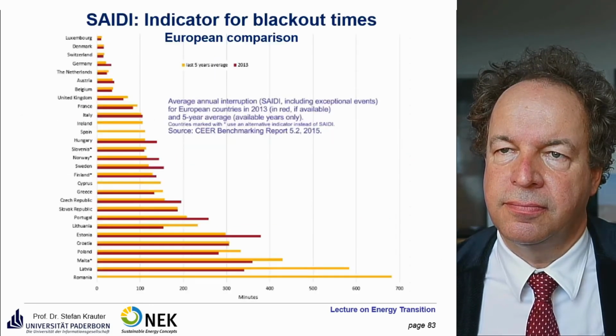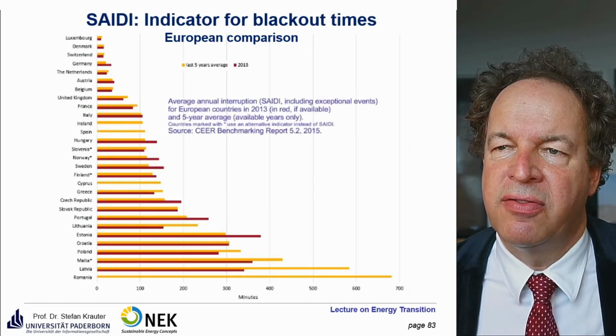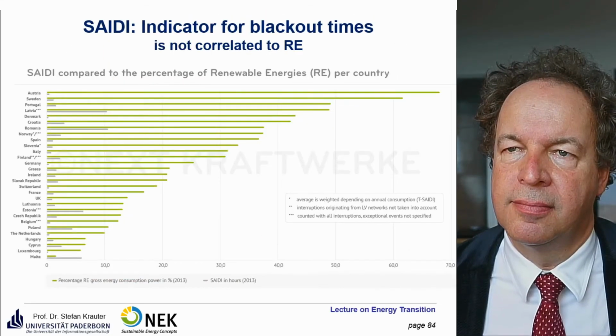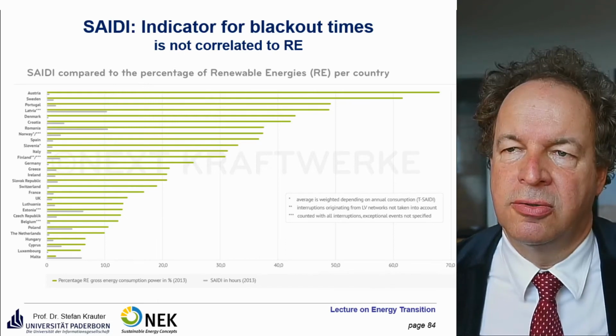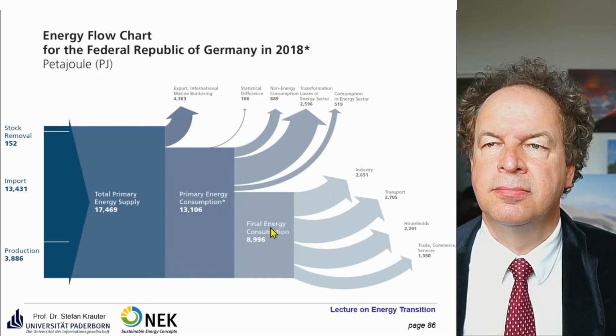You see that we are quite good here in Germany. There are many other countries which have much higher blackout times. And opposite to what many people say, it's not related to the use of renewable energies.